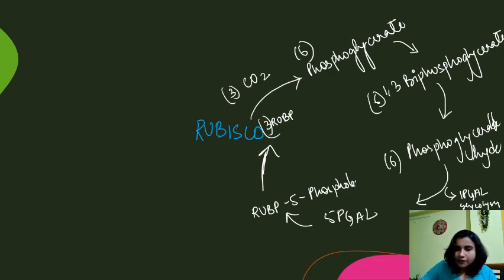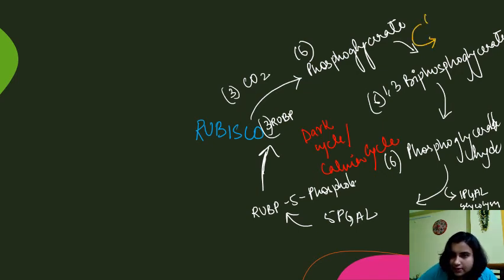So this cycle we call the dark cycle, also called the Calvin cycle. The important part is that in this process it utilizes 6 ATP, changing to 6 ADP.